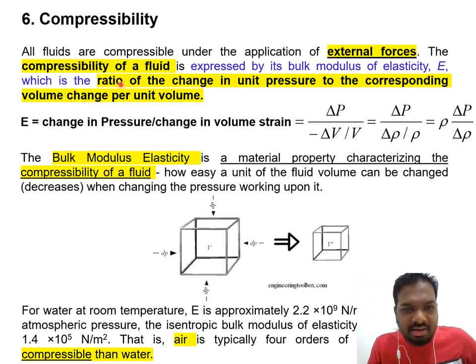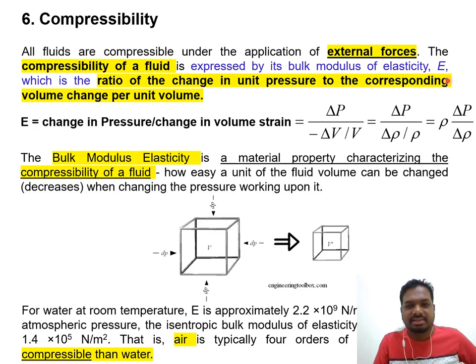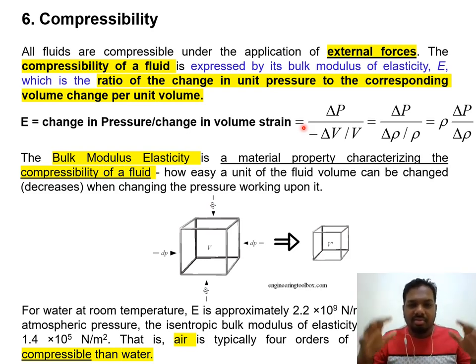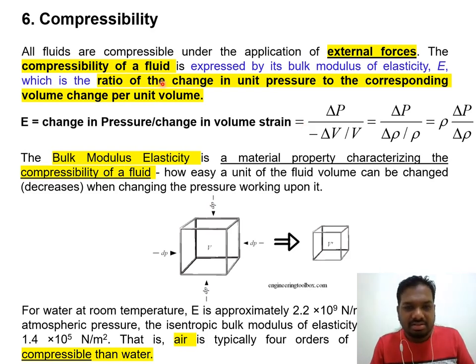Okay, the compressibility of a fluid is expressed by its bulk modulus of elasticity, or we call it E. So this formula or unit can be used to calculate how much you can compress a particular fluid, which is the ratio of the change in unit pressure to the corresponding volume change per unit volume.